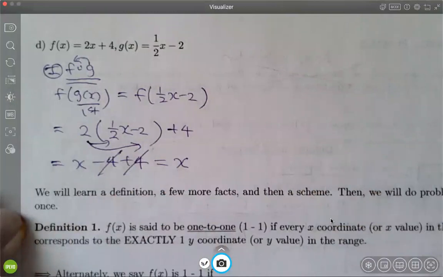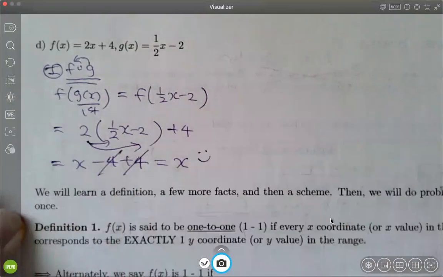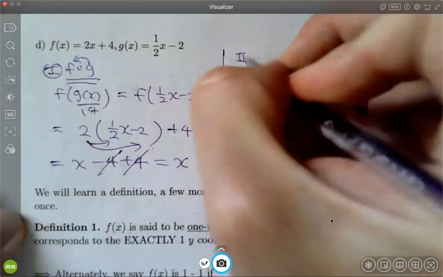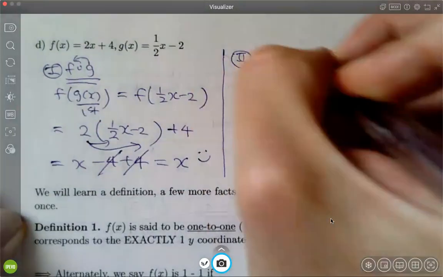Oh yes, we are very happy because we got x, which is what we want. Does that mean f and g are inverses? We don't know yet, because we still have to check G circle F.